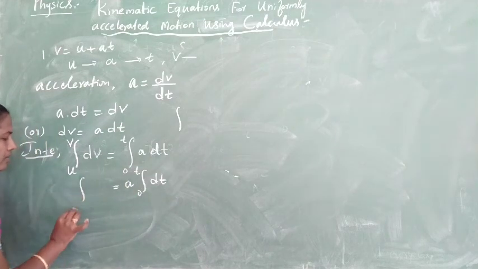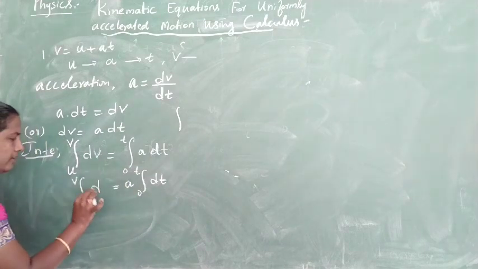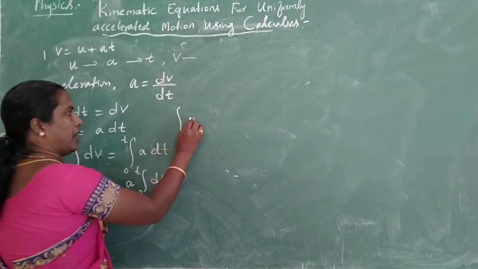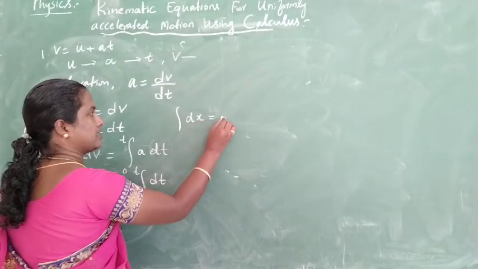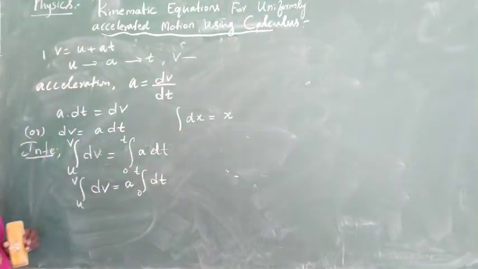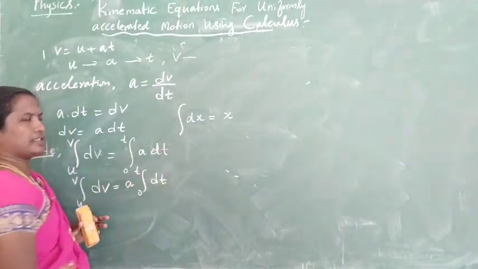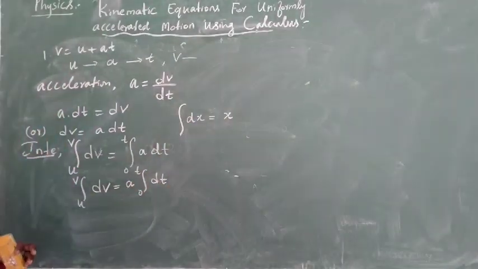Now on this side we have the integral of dv from u to v. How to integrate this term? We have the basic formula: the integration of dx will give the x value.